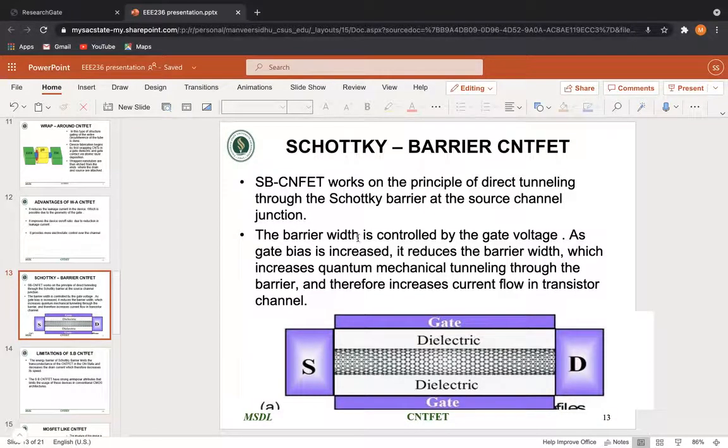The barrier width in this is controlled by the gate voltage. As we increase the gate voltage, the barrier between the source and the drain will decrease, due to which there will be an increase in the quantum mechanical tunneling, and more carriers will be able to move from source to drain through the channel.